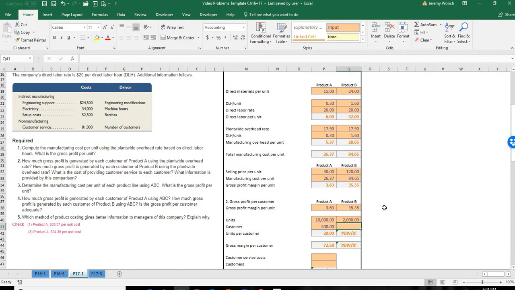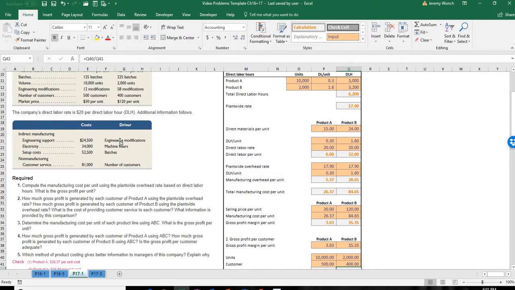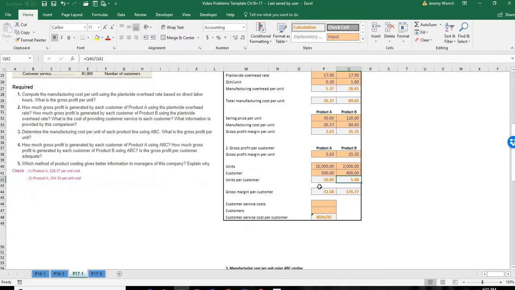So we had 500 of product A and 400 of product B. That's listed up here. That gives us our units per customer. Then if we multiply that times our gross margin per unit, we get a profit per customer for product A and customer for product B.